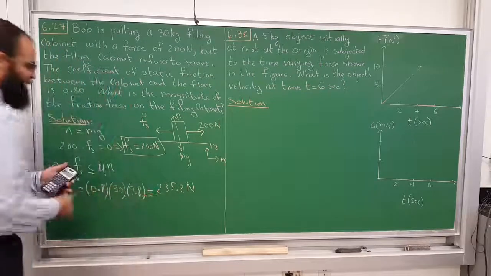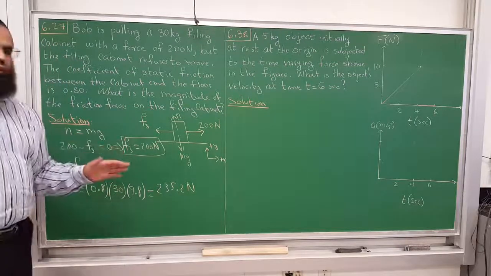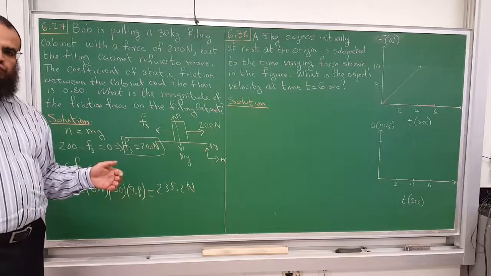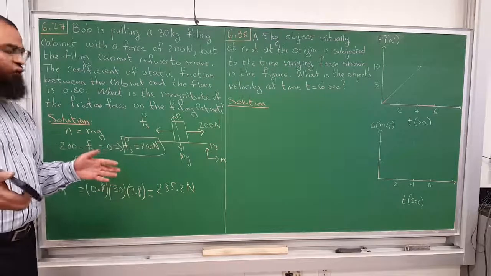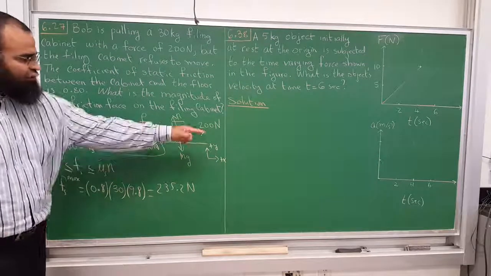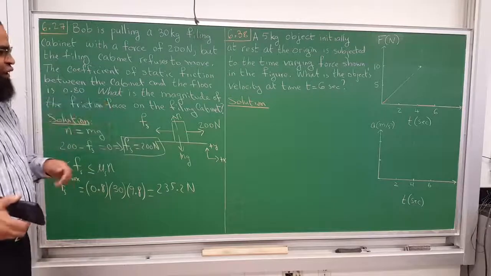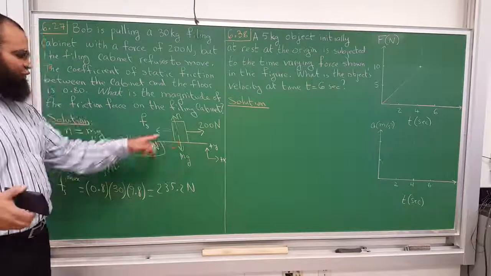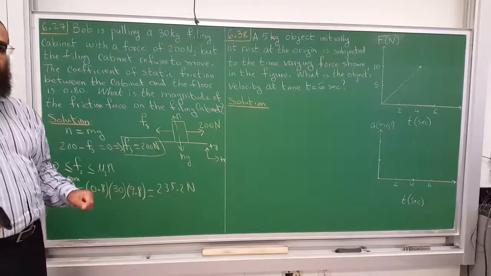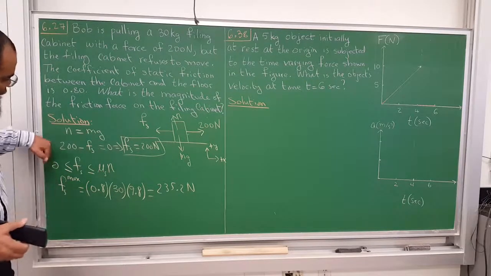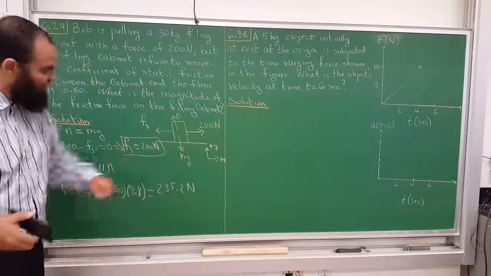What this means is, if Bob doesn't apply a force at all, the filing cabinet will just sit there, and then the frictional force will simply be 0. If there is no force this way, there will be no friction the other way. You apply 1 newton this way, the force of friction can keep up with it. It will apply 1 newton, because it can go anywhere from 0 all the way to 235.2.